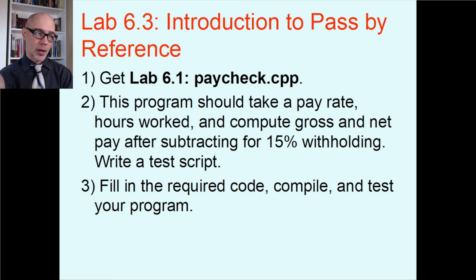Now, the other part of this story of larger programs is how do you handle larger amounts of data? Again, we've just been using a couple variables at a time, but professional programs need hundreds of variables. They need thousands of data points. And when we come back in the next video, we're going to start in on chapter 7, and the basic way you do that is what's called an array.